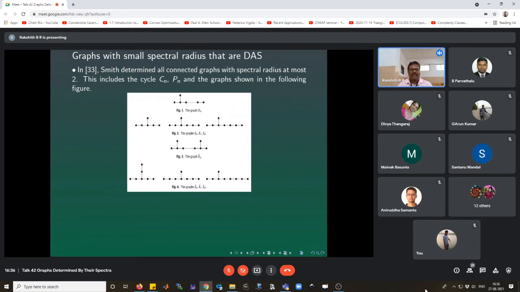This class includes the cycles Cn, the paths Pn, and the graphs shown in the following figure. These are the only graphs with spectral radius at most 2.